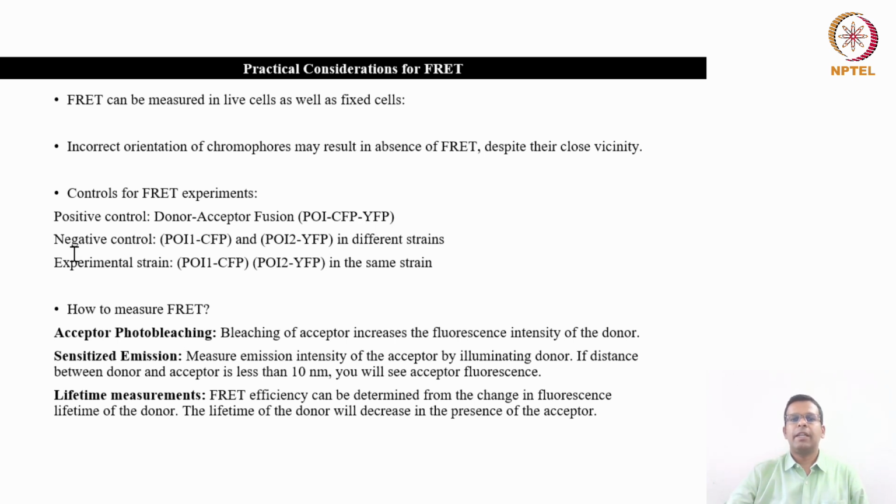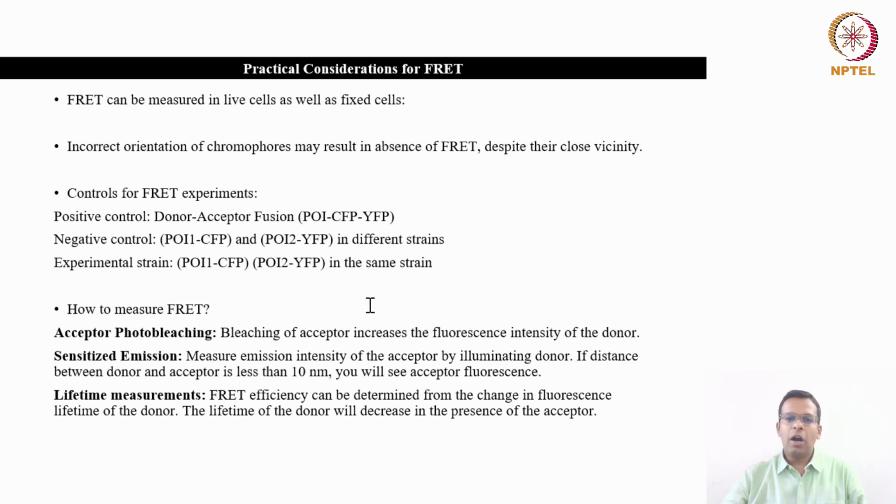Then the negative control: you should make strains in which only protein of interest 1 is labeled with CFP or protein of interest 2 is labeled with YFP, in different strains, so that you can use that as a negative control. And the experimental strain will have protein of interest 1 labeled with CFP and protein of interest 2 labeled with YFP. Basically A with CFP, B with YFP in the same strain.